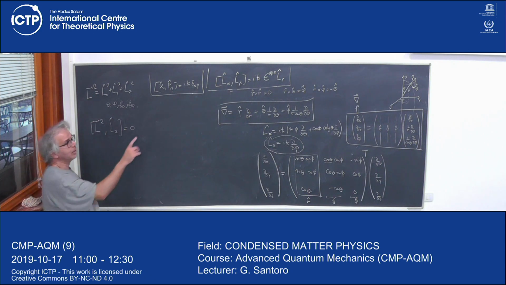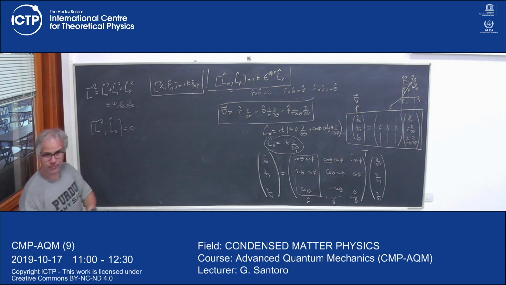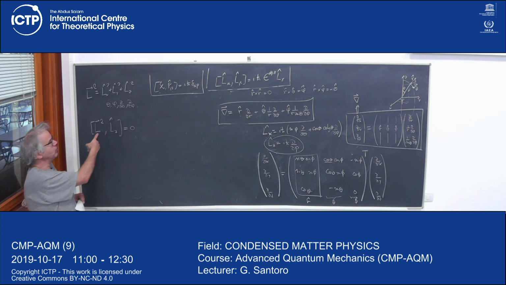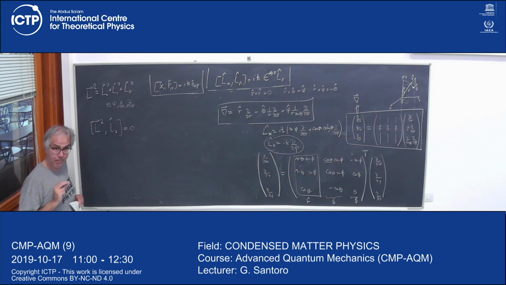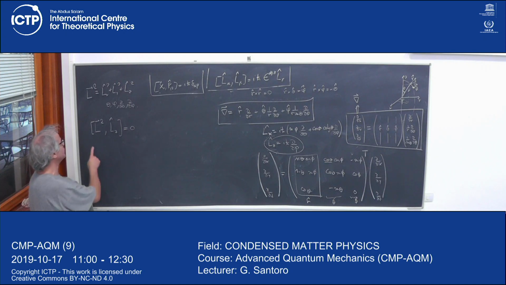Although, careful, the three of them then fight against each other. They do not commute. So you can pick up only one and pair it with L square. They nicely commute. And therefore, according to the theorem we said, you can form a common basis of eigenvectors of both. Let's verify that it commutes.